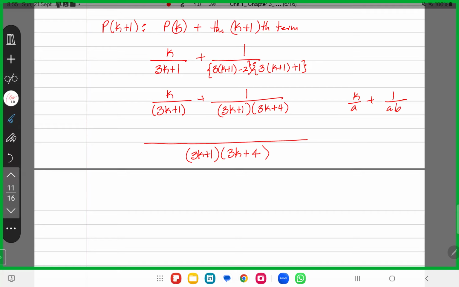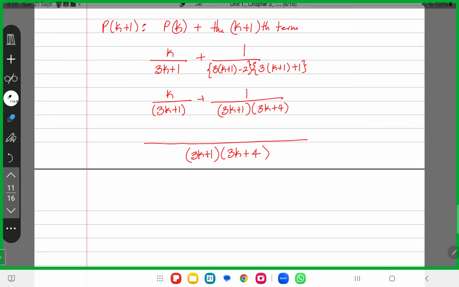The LCM would be ab. So it's the same pattern. The LCM of the denominators for these two fractions is 3k plus 1 multiplied by 3k plus 4.